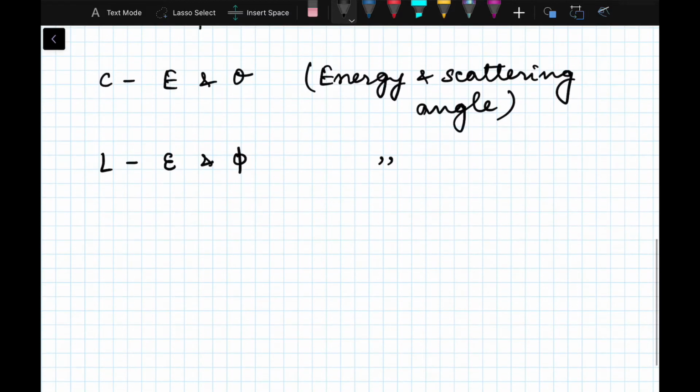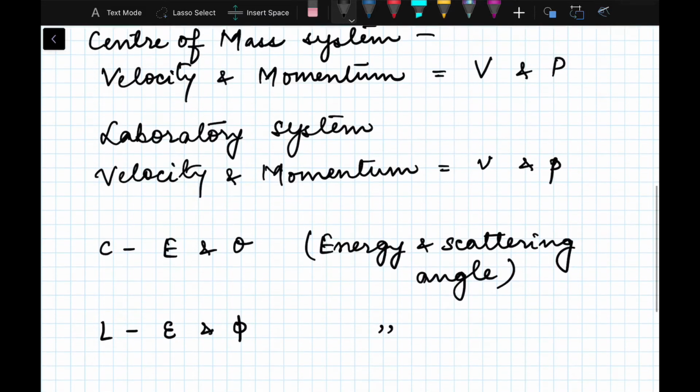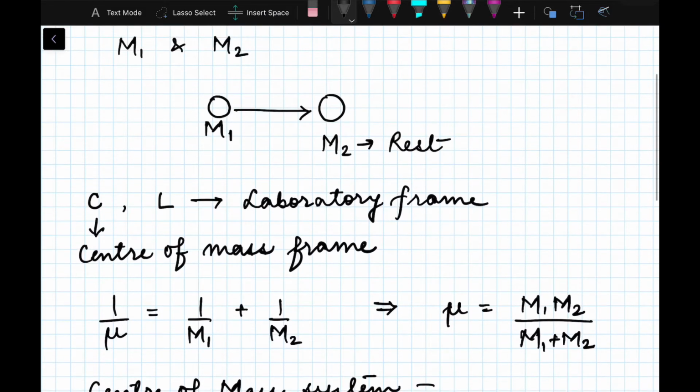So we already know that in the laboratory system the mass m2 is at rest, so the velocity of the particle in the laboratory system, that is small v2, is equal to 0.